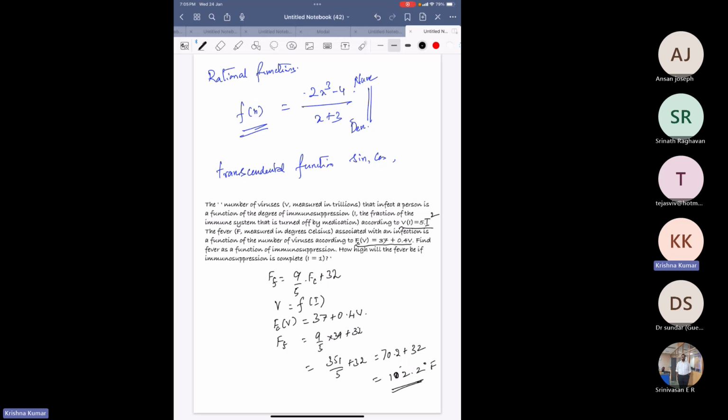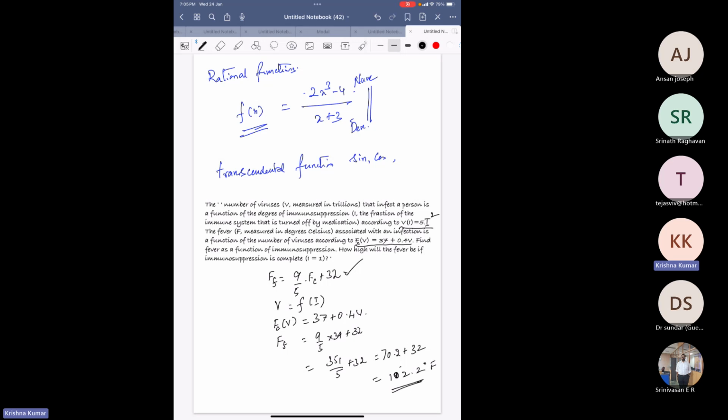Now usually people are familiar with Fahrenheit. Centigrade people may not use, so we have to convert from centigrade to Fahrenheit as well, and that is the equation that converts these things.